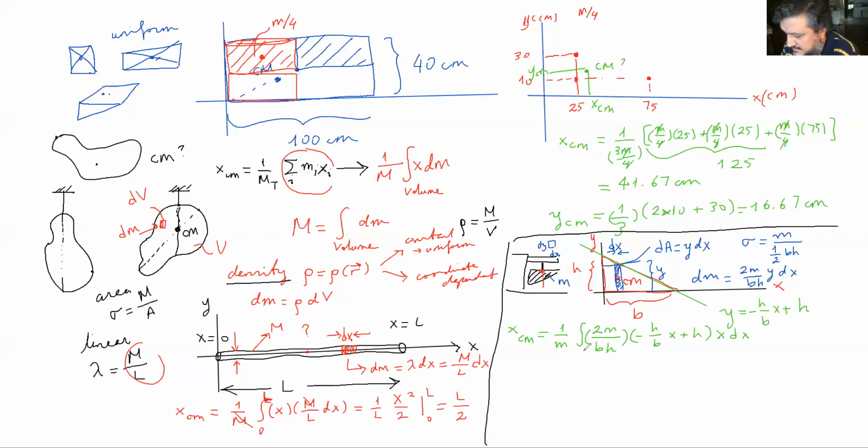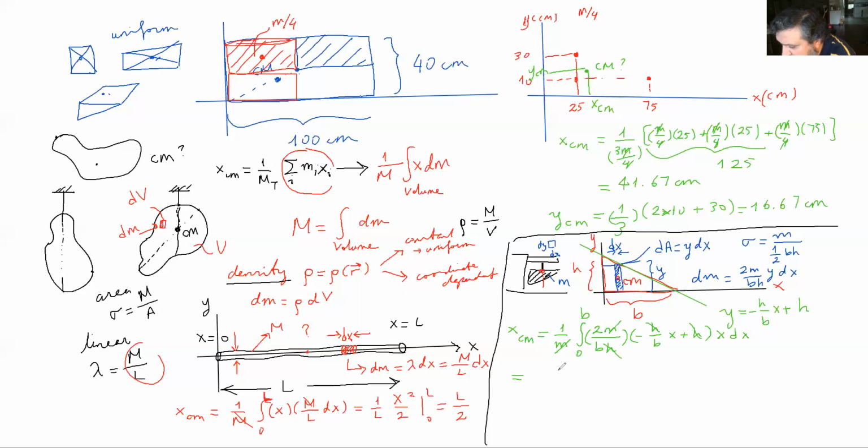Okay, and the integral will be from 0 to b. Now check what happens to h. It goes away, okay? So the answer will be not depending on the height of the triangle, and m will cancel too. So there's no m there. That's what you'd expect anyways.